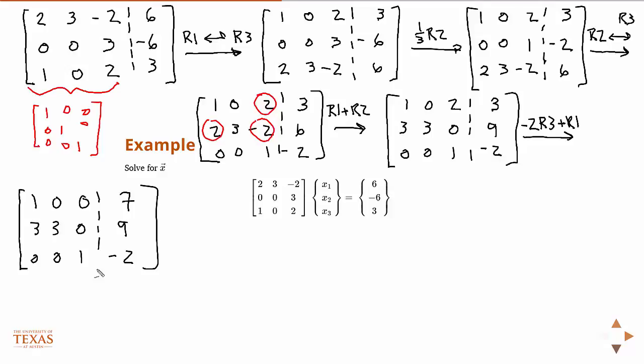Now I'm going to divide the second row by 3. So row 2 times 1/3 gives 1, 0, 0, 7, 1, 1, 0, 3, 0, 0, 1, minus 2.